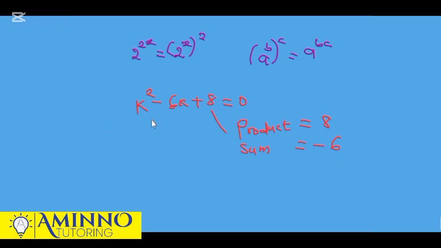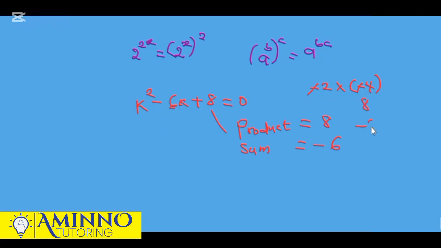Now let's think about this. What two numbers will you multiply to give you 8, and when you add them, you get minus 6? If you have minus 2 times minus 4, minus will cancel minus, and this will give you 8. Now, let's try their sum.